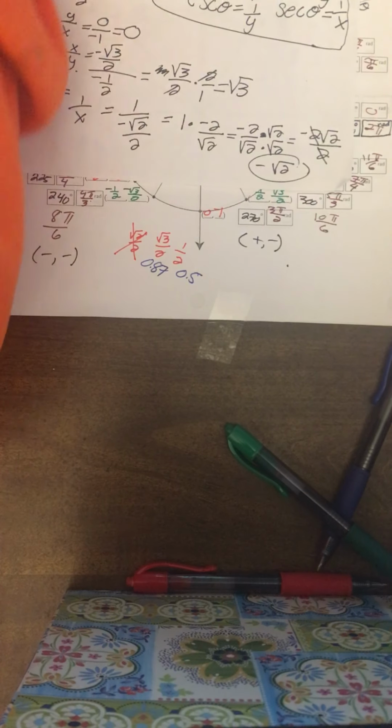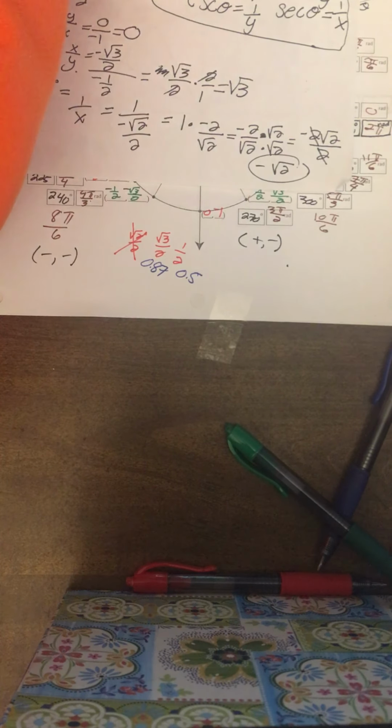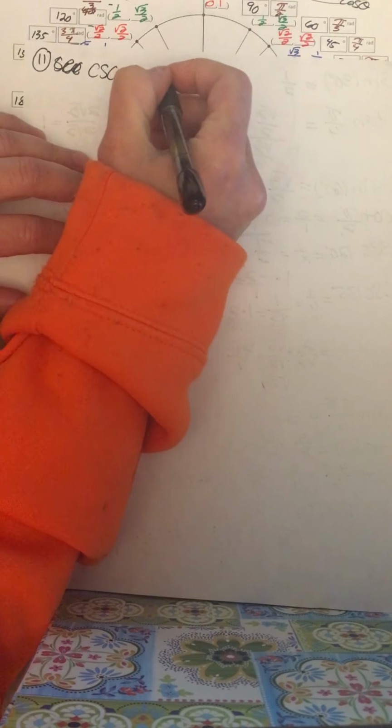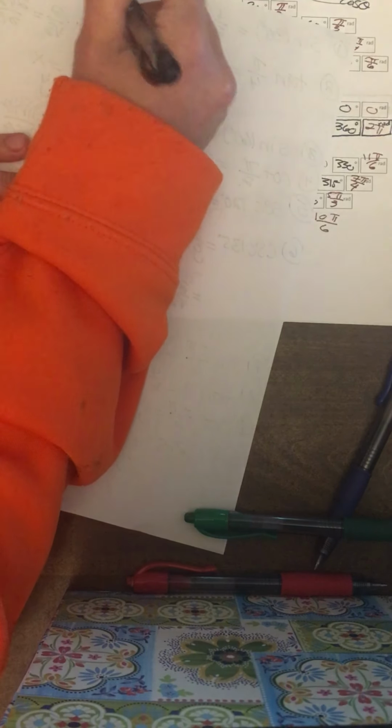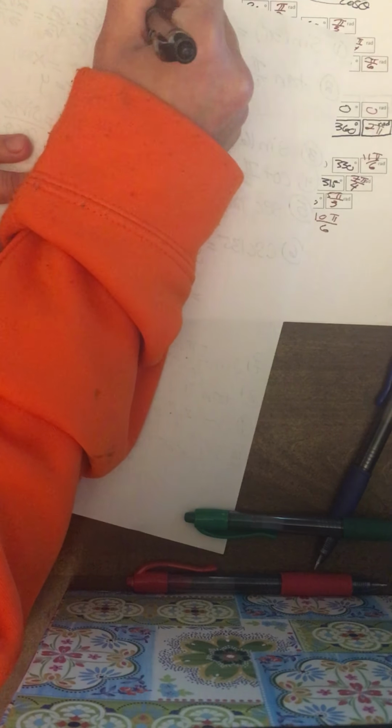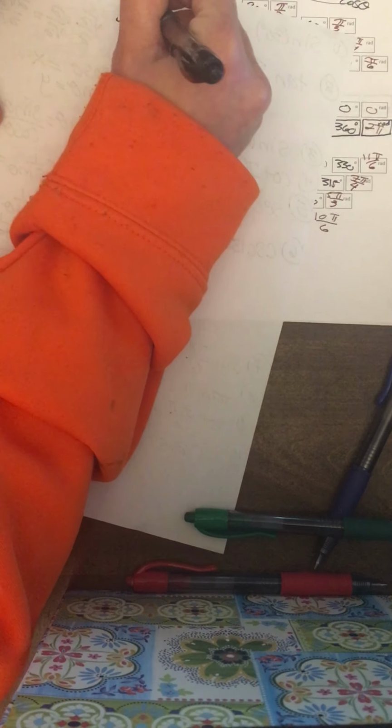Let me see if I have any other problems I want to do with you. Let's do this one. Let's look at number 11. Number 11 is cosecant of 240 degrees. Okay, so we would look at our unit circle and go to 240 degrees, which is here. Remember that cosecant is 1 over sine, and sine is y, so it's 1 over y.